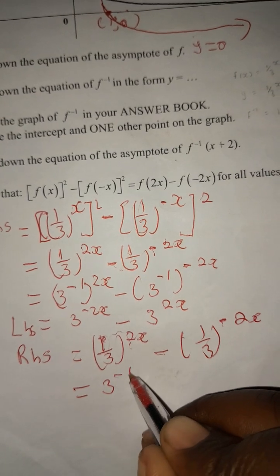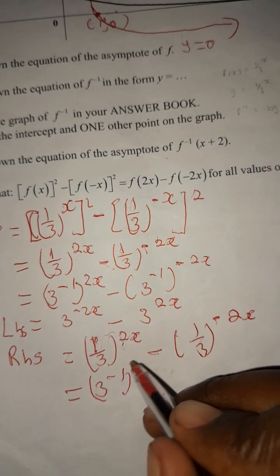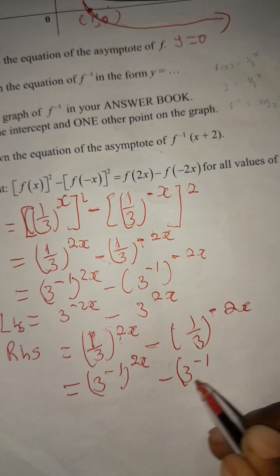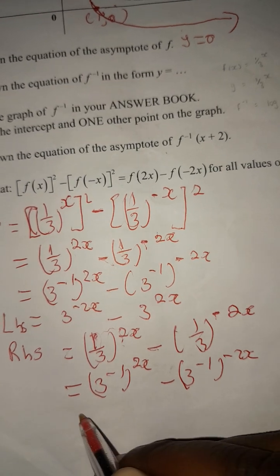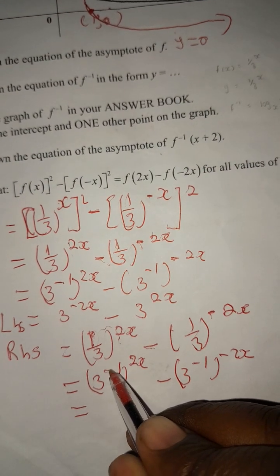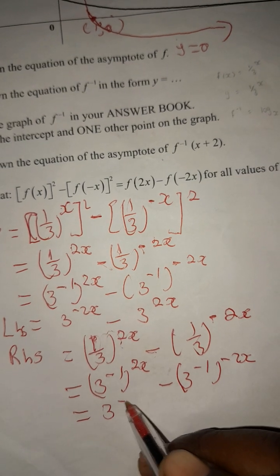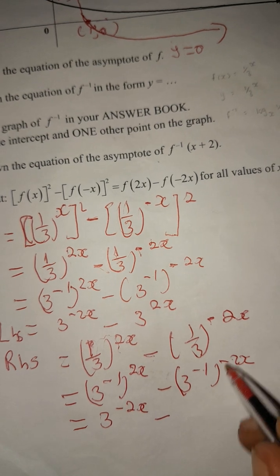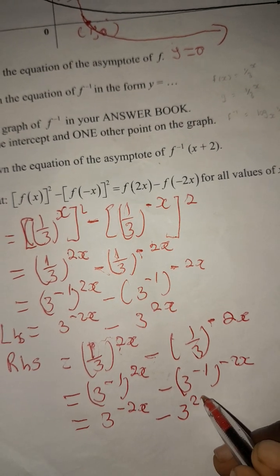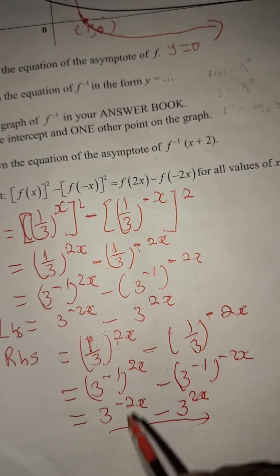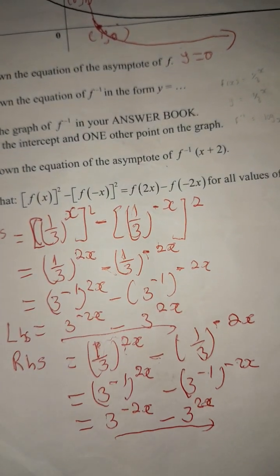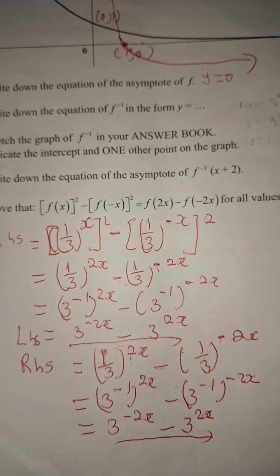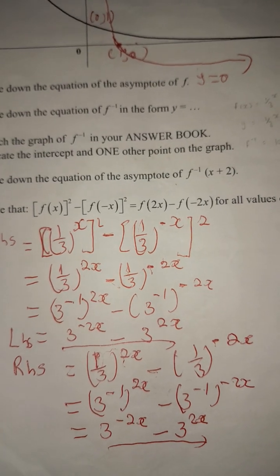Even here, this will be 3 to the power of negative 1 and 2x, as well as 3 to the power of negative 1, as well as negative 2x. Okay, it's fine. This negative 1 times 2x, that will be 3 to the power of 2x, as well as negative 1 times negative 2x, that will be positive 2x in this case. So we can see this is a similar thing, guys. We have already shown that. So in other words, the left hand side is equal to the right hand side.